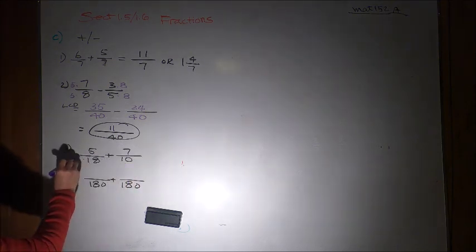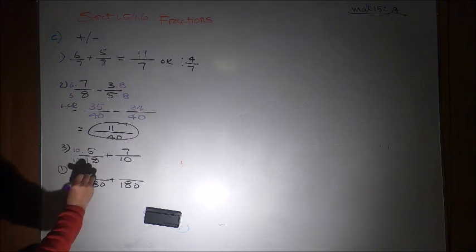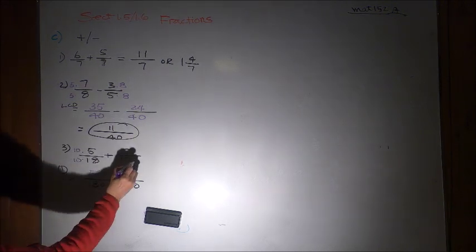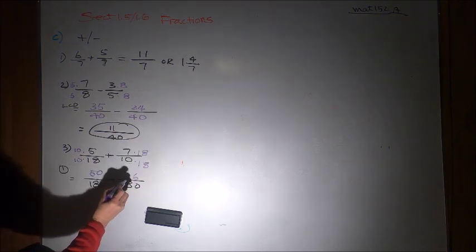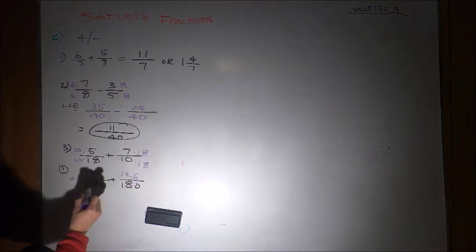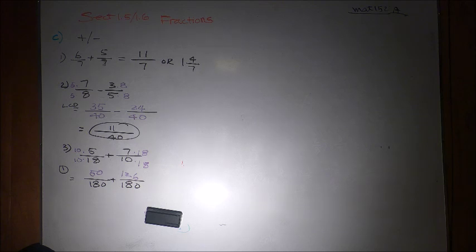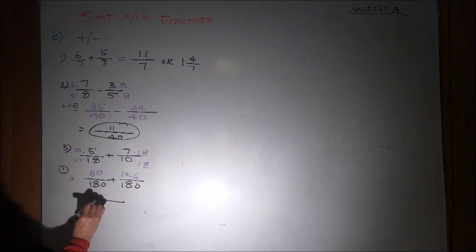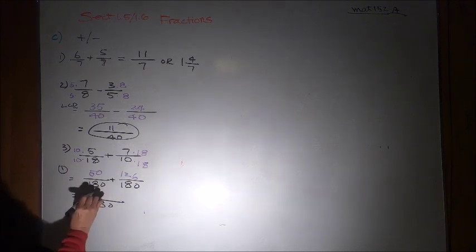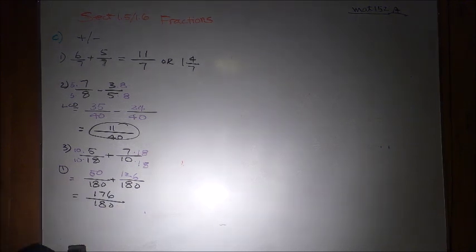Then you say, okay, this times 18, that would be 50. This times 10, that would be what? 56 and 126, right? Then you say, I have the same denominator now. I can just put it together, 176. Is that right?